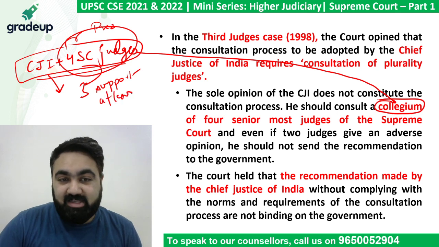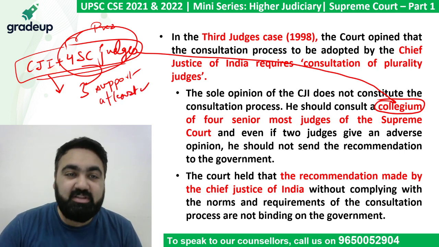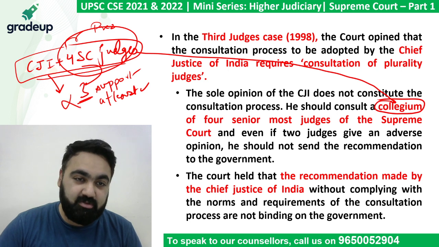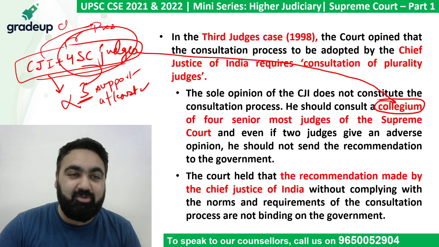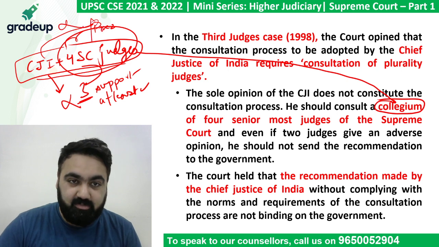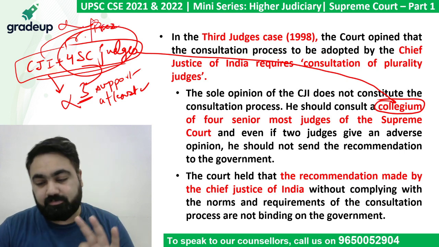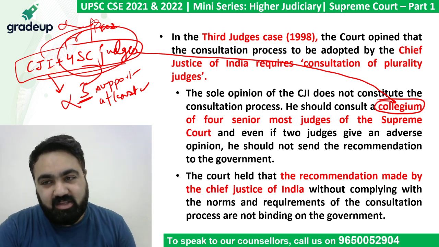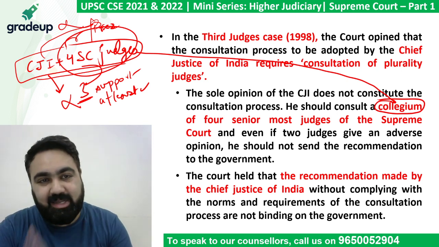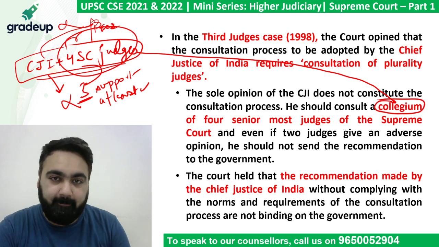Out of four, at least three have to support. If at least three judges don't support it, then the Chief Justice of India should not send the name to the President of India.